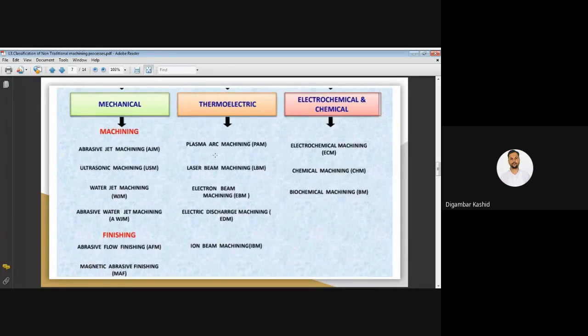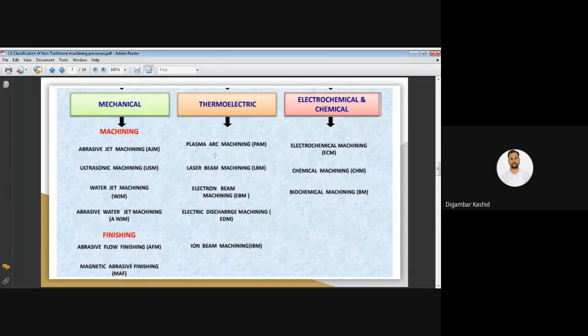Now in this second group, the thermoelectric methods, what energy is there? Electric energy is normally supplied in the form of heat, that means electric energy is converted into heat. If the heat is in the form of plasma, then plasma arc machining will be there.